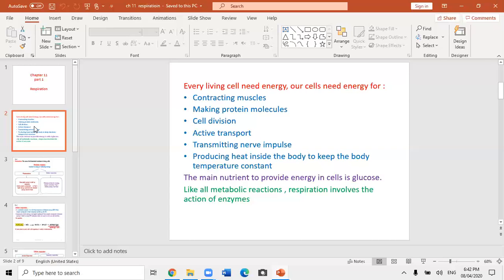This is the first objective of this lesson, in which we'll introduce what respiration is. We will talk about two types of respiration also, aerobic and anaerobic respiration, with their details, with their formulas, and also we will apply activities regarding these two types of respiration.